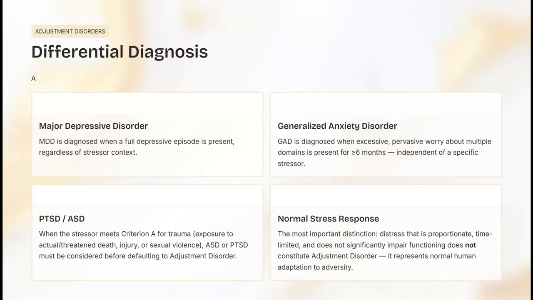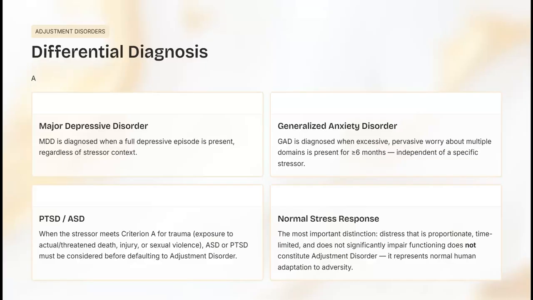They will be diagnosed with major depressive disorder. Generalized anxiety disorder, that's diagnosed, of course, when the worry is excessive and pervasive. It's greater than 6 months. It's independent of any kind of specific stressor. Adjustment disorder, anxiety is tied to the stressor, but it's time limited.